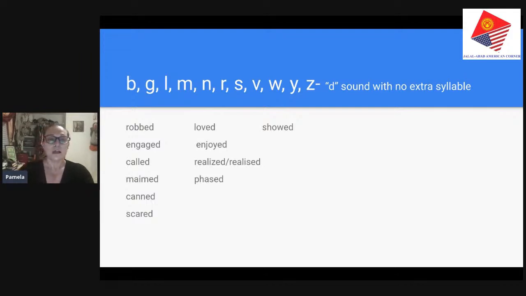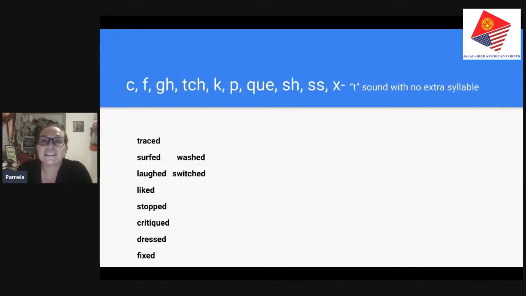Okay. The next one, we add a little T sound to verbs that end in these letters, or with these with the E afterwards. So C, F, GH, which makes kind of like an F sound, TCH, which makes a ch, K, P, QUE, SH, SS, and X. So here we also do not add an extra syllable.